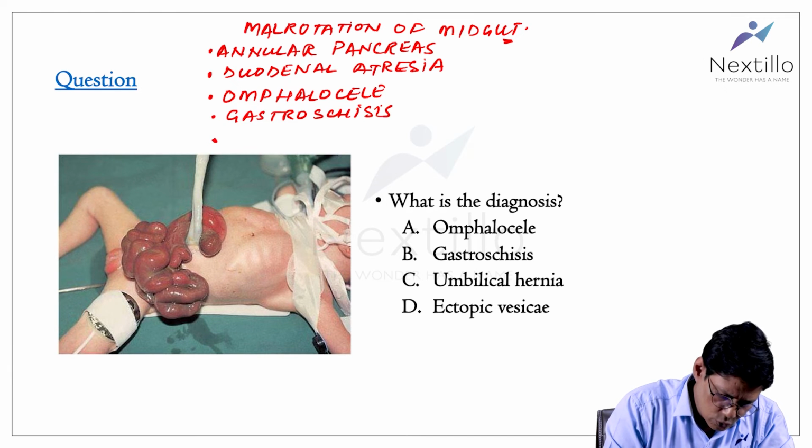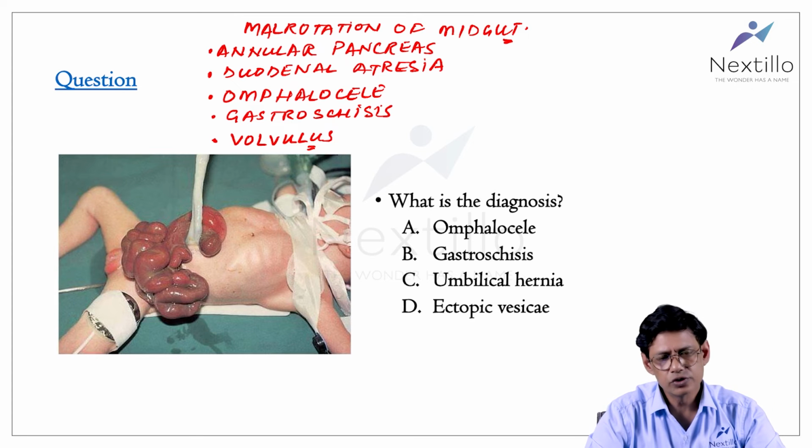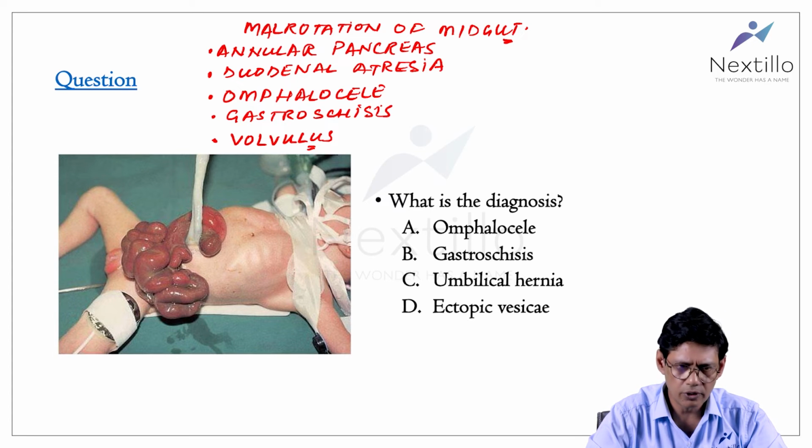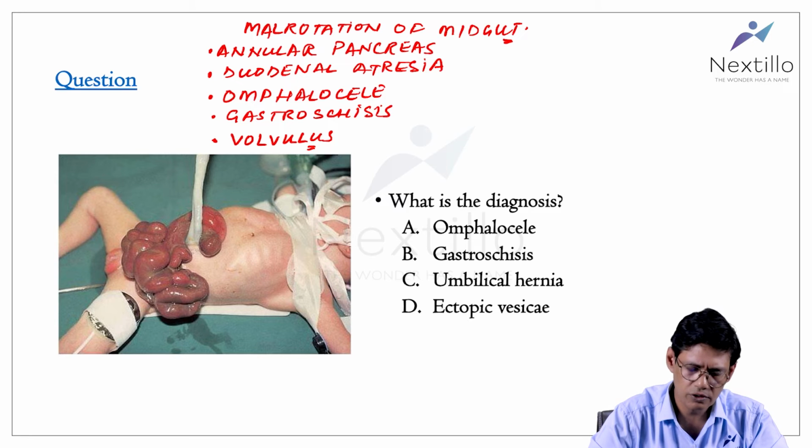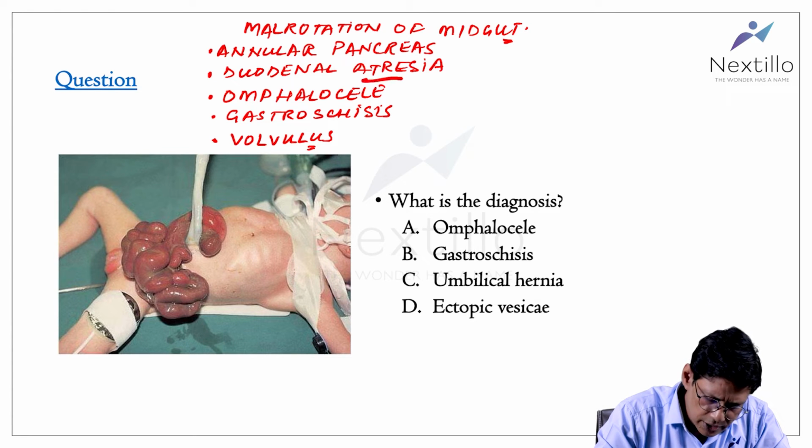It may also present to us with volvulus of the midgut. For this question, we are mainly concerned with two important complications of the malrotation of the midgut, that is omphalocele and gastroschisis.